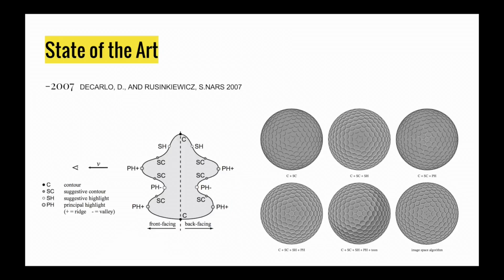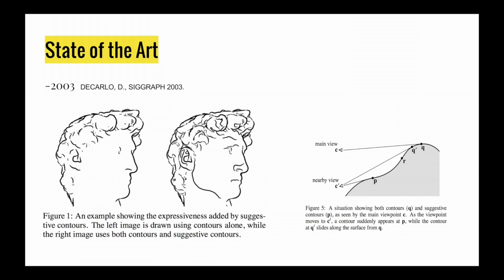In 2003, DeCarlo introduced the suggestive contour. The figure on the left shows the outcome of the suggestive contour technique. The one on the right demonstrates the concept of this technique. C is the mean viewpoint. In that case, Q would be the contour. Moreover, for the nearby viewpoint C dot, Q dot would be the contour.